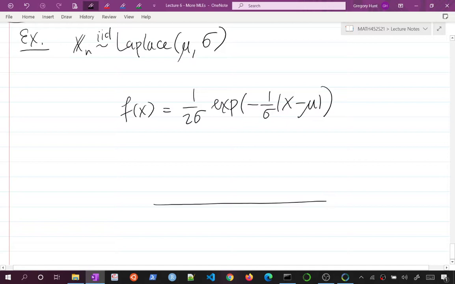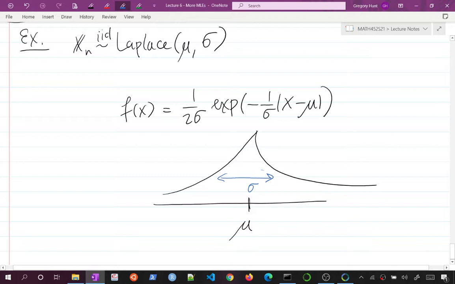The PDF has a graph that looks something like that. It's symmetric around this value mu. And indeed, sigma will tell you something about the spread of the data, and mu tells me something about the peak.